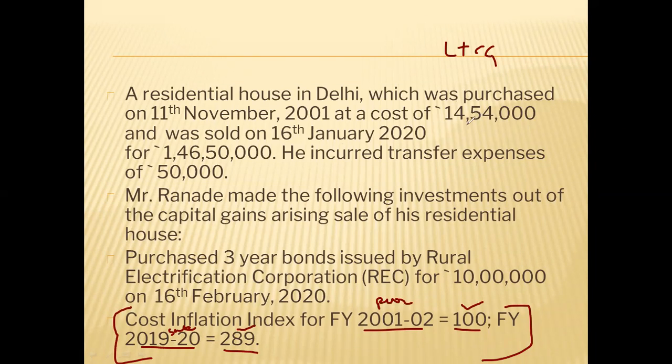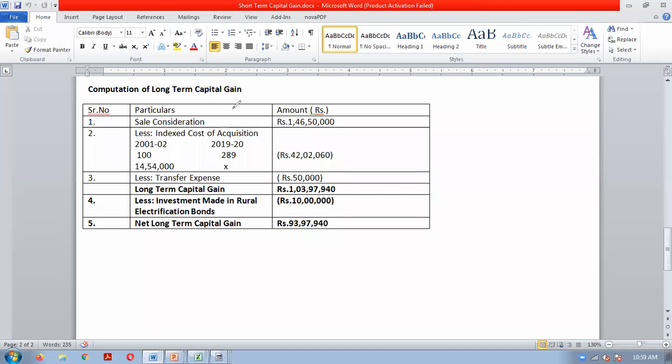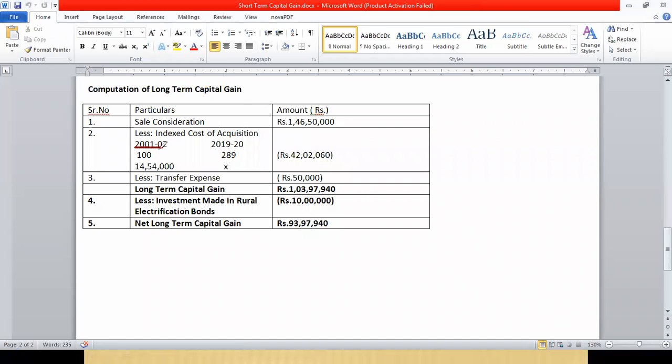So the house property was purchased in 2001-02 for 14 lakh 54,000. What will be its cost in 2019-20? That we will have to find out. That is the meaning of indexed cost. 100 rupees is becoming 289, so how much will 14 lakh 54,000 become? We use the cross multiplication approach: 2001-02 is 100, 2019-20 is 289.